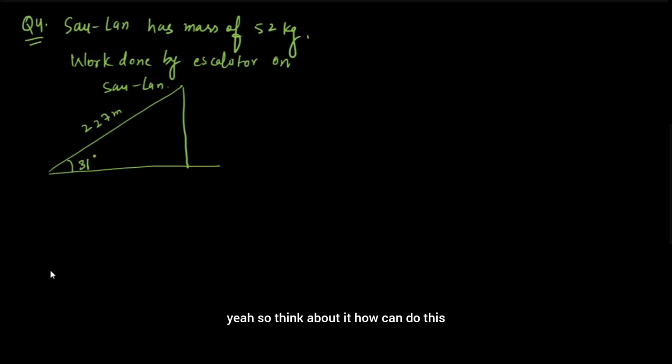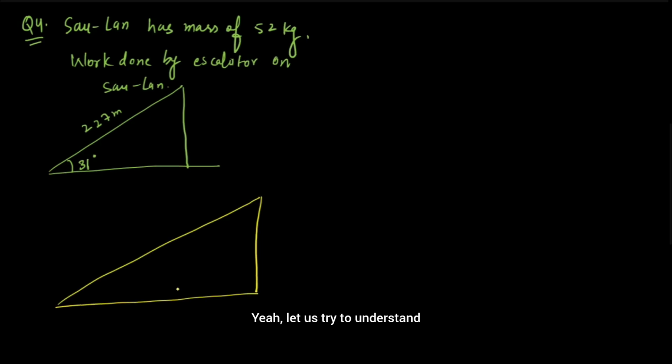Think about how can we do this. Well, you need to find the vertical height first. I know you need to do sine theta, but you just multiply that with 227. Let us try to understand what exactly is happening here.